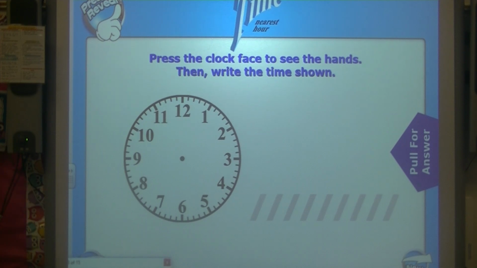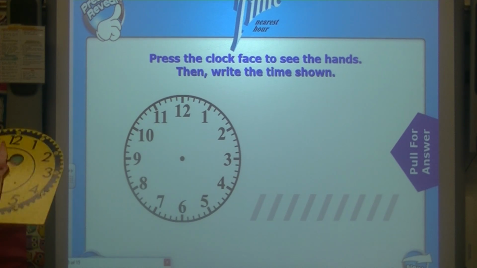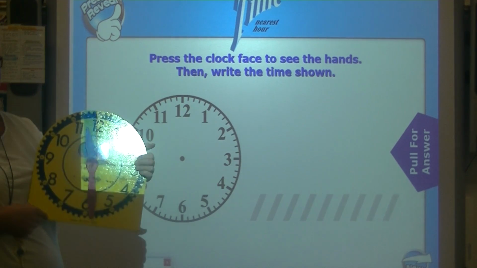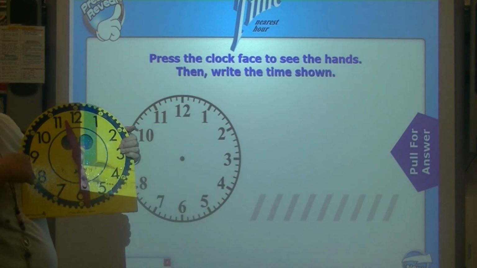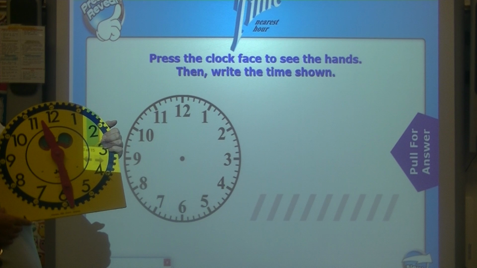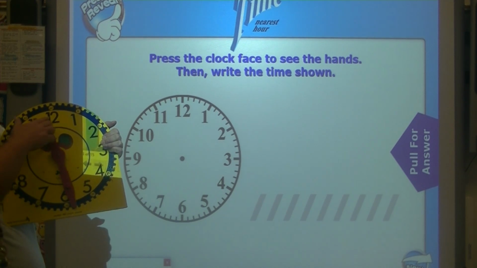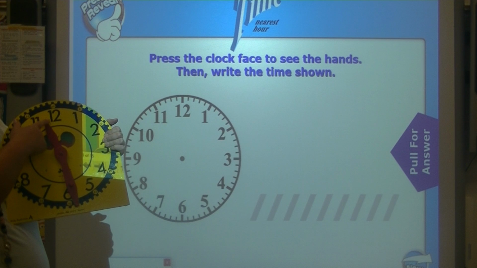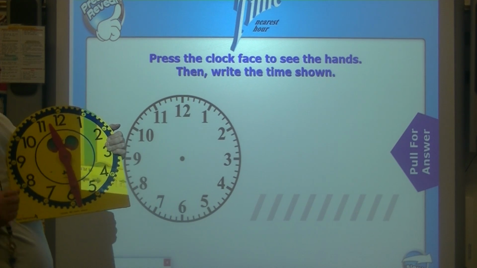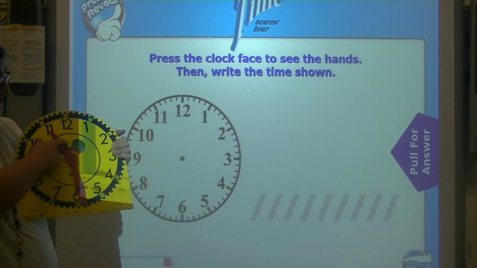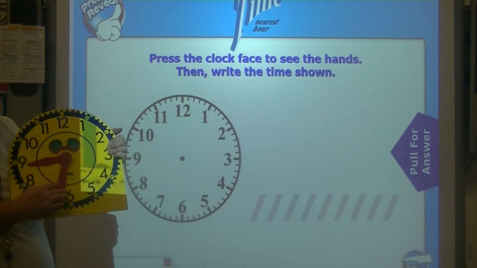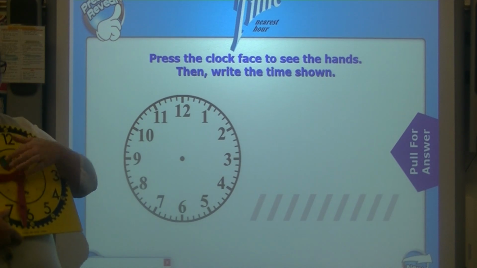Okay. Now, on your clock, there are how many numbers? Yes, there are 12 numbers. Those numbers are there for a reason. We're going to learn why later on. Now, you have 2 hands. Remember I said one hand is short and one is long. Look at your short hand.